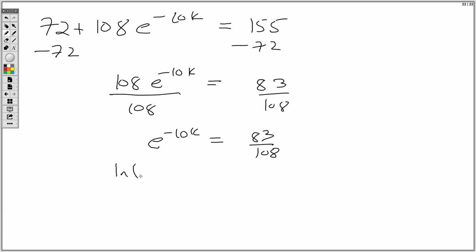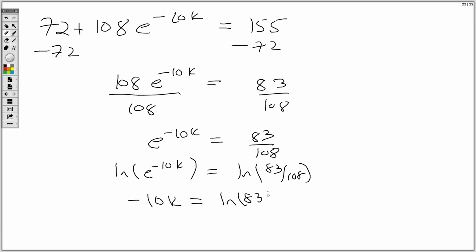Take the natural log of both sides. The natural log and the exponent base e undo each other. So k is the natural log of 83 over 108, divided by negative 10.